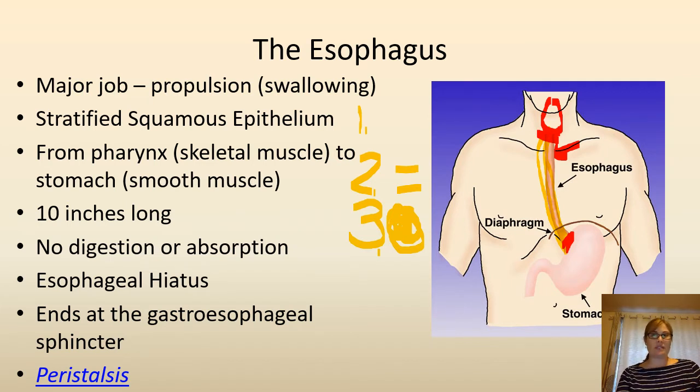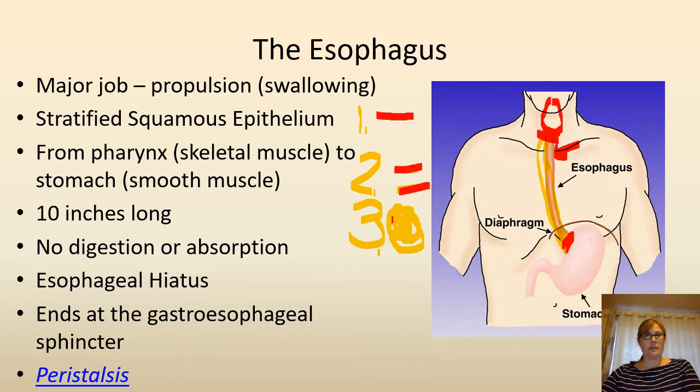The only thing that's digesting really is whatever starch there might be from the amylase in the saliva. And within the diaphragm, there's a hole. It's known as the esophageal hiatus, and that allows the esophagus to pass through the diaphragm and enter into the abdominal cavity.